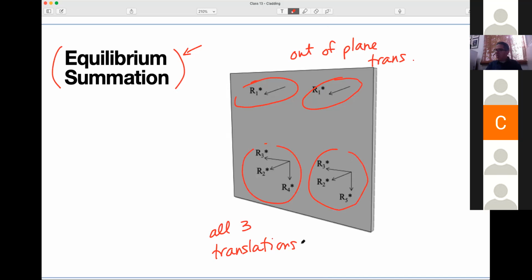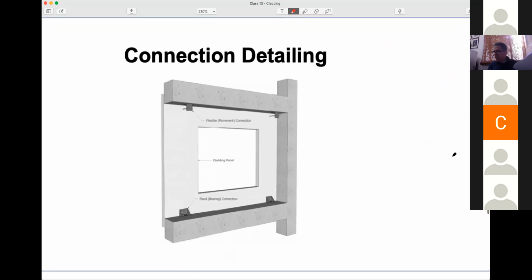So that's how we're holding this panel in place. We've got a panel that could translate and rotate, and the fact that we have multiple connection points is what gives us the ability to restrain the rotation. So here's a little bit with some of the general concepts of detailing.